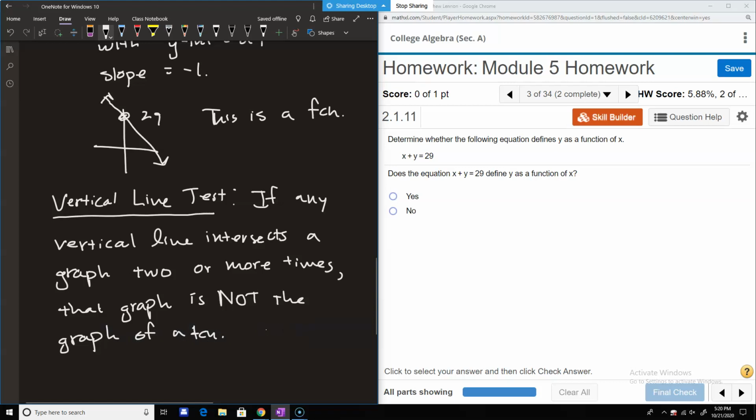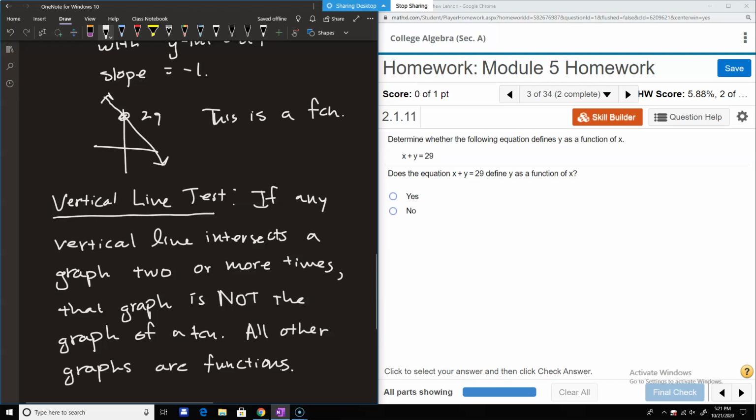So all other graphs are functions. The vertical line test really tells you what it means to not be a function, but if you know everything that's not a function, the complement, those things all have to be functions.